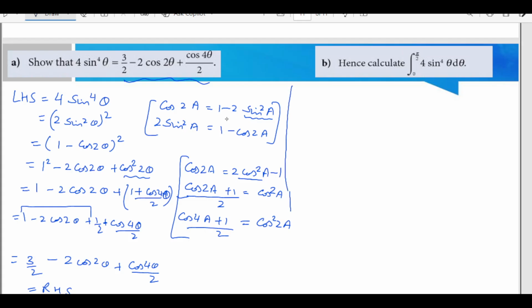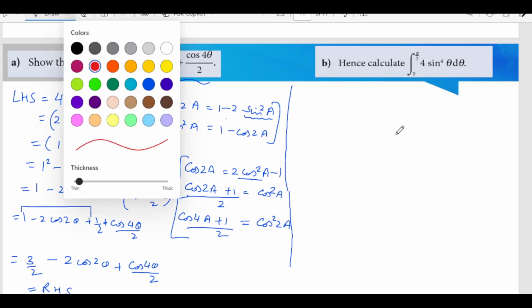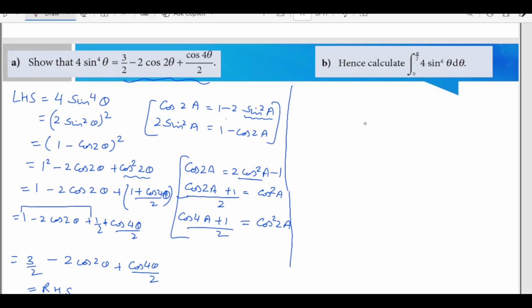Now let's move to the next part. In the second part we have: hence calculate. When it says hence, that means you are using the first part. So we have the integral from 0 to pi over 2 of 4 sine power 4 theta d theta. We will use the expansion from the first part.